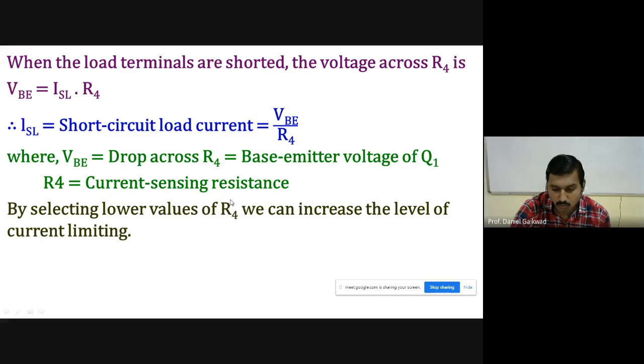If we decrease the value of R4, then we can increase the level of current limiting, meaning ISC we can increase as VBE remains constant here, that is 0.6 volt. Okay. So this is the general formula of the voltage across the base emitter of Q1.